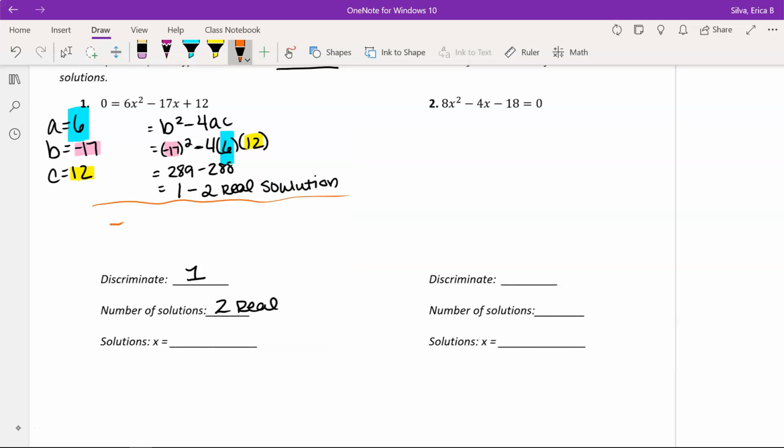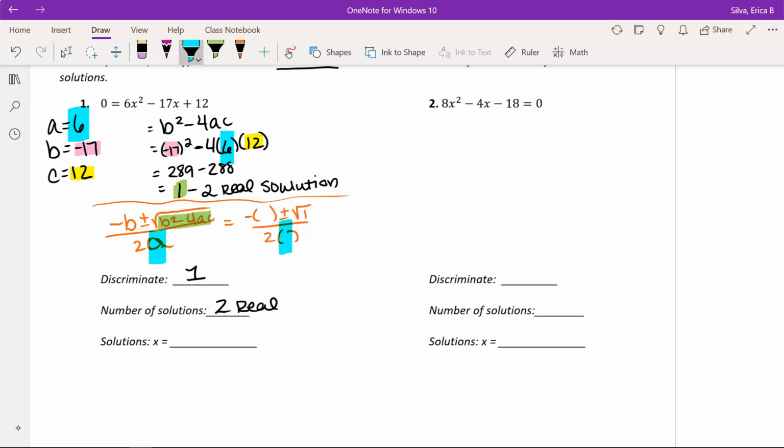So we have negative b plus or minus the square root of b squared minus 4ac, which is my discriminant, divided by 2 times a. So remember, 1 is going to take the place of this whole thing. So we have negative b plus or minus the square root of 1 divided by 2 times your a.